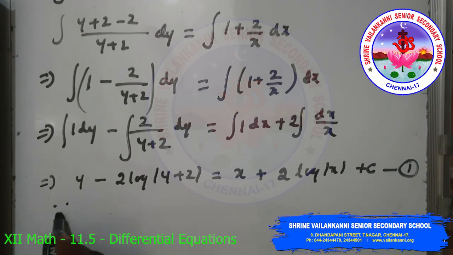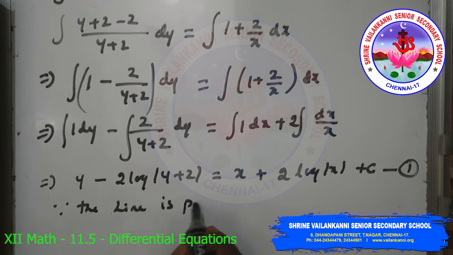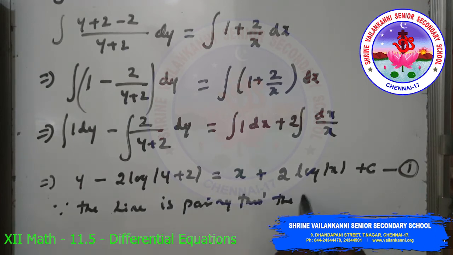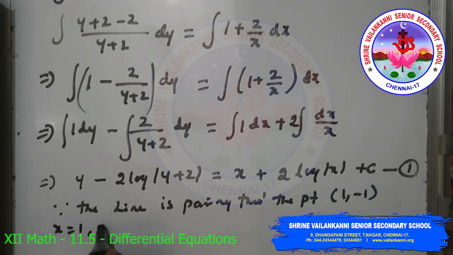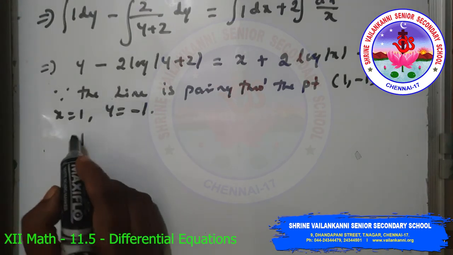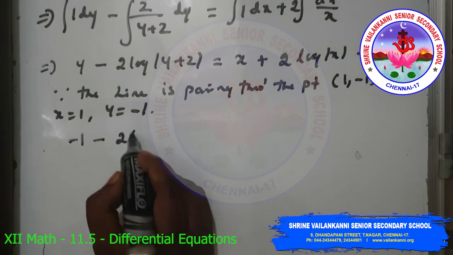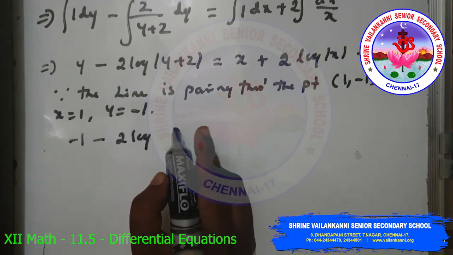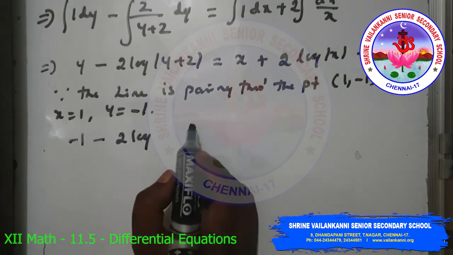Since the line is passing through the point 1 comma minus 1. So x is 1 and y is minus 1. So substituting in the first equation here, so y is minus 1 minus 2 log of minus 1 plus 2.